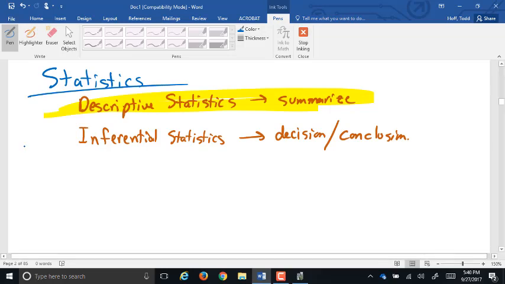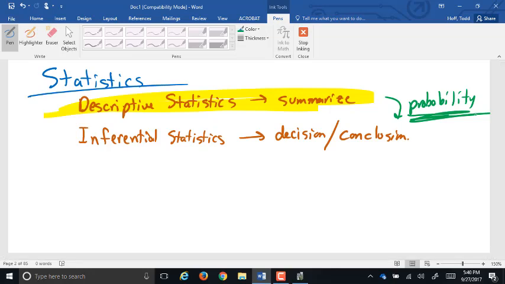Partly because we're not going to have time to get into probability, and what links the two of these together is probability. You gather the descriptive statistics, then you check the probabilities, and you use that to make the decision. And probability is about a 3-week topic on itself, so obviously we're not going to be able to get into that here.